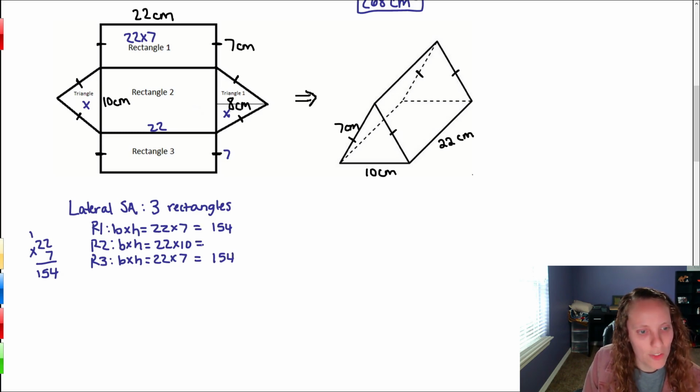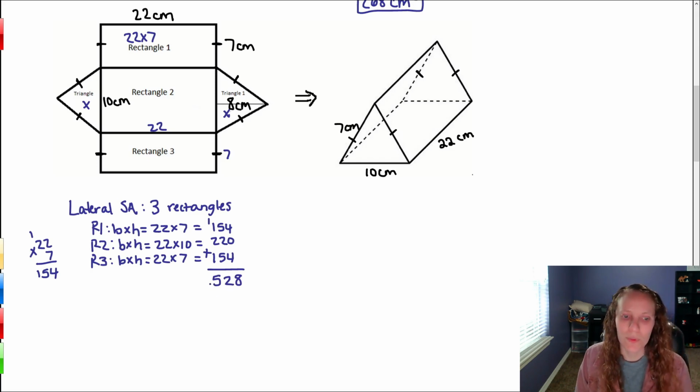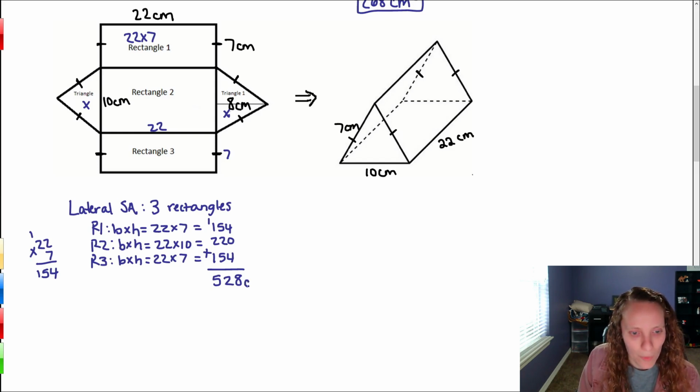And then 22 times 10 is 220. All you had to do is rewrite the 22 and then add a 0 on the end. And let's go ahead and add that up. And so our lateral surface area is equal to 528 centimeters squared.